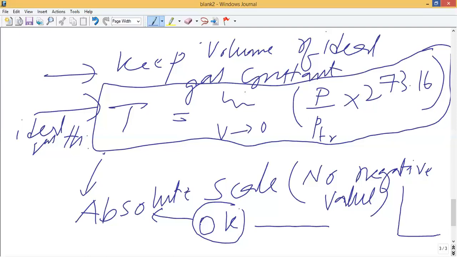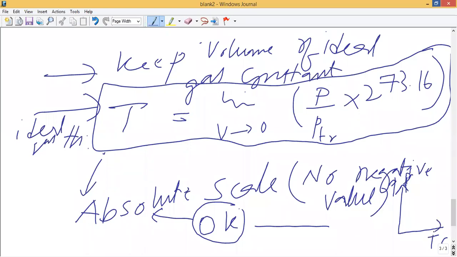For example, if you have a graph and this is temperature and this is pressure and this is negative temperature. So this is, for example, temperature in Celsius. Okay. If you want to keep only positive temperature, then we can draw another graph. Okay, so for only positive values, this is pressure and this is temperature.